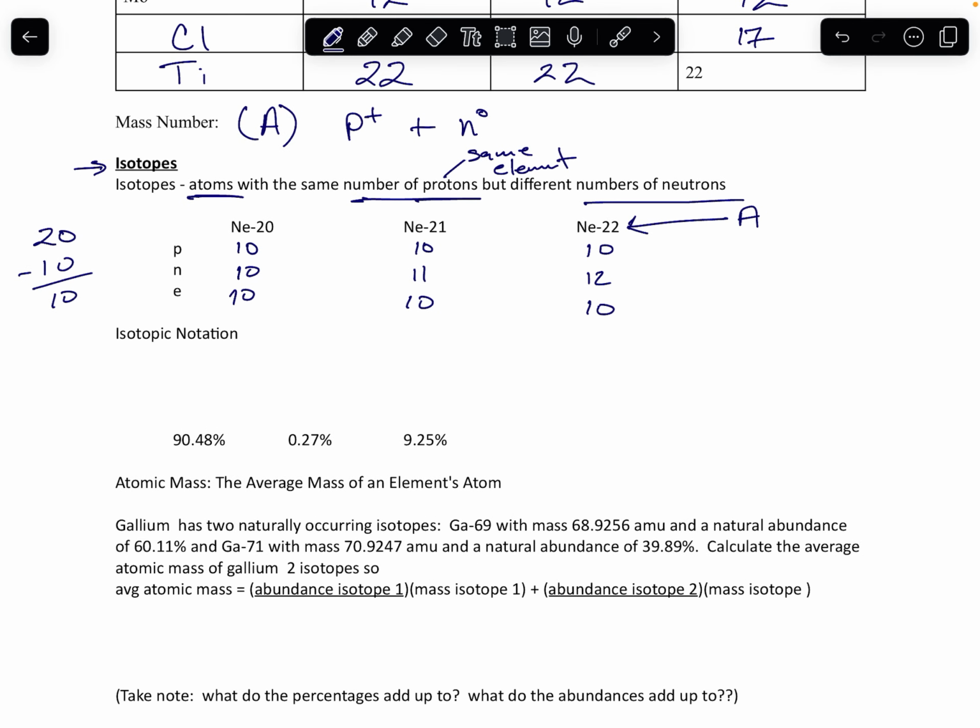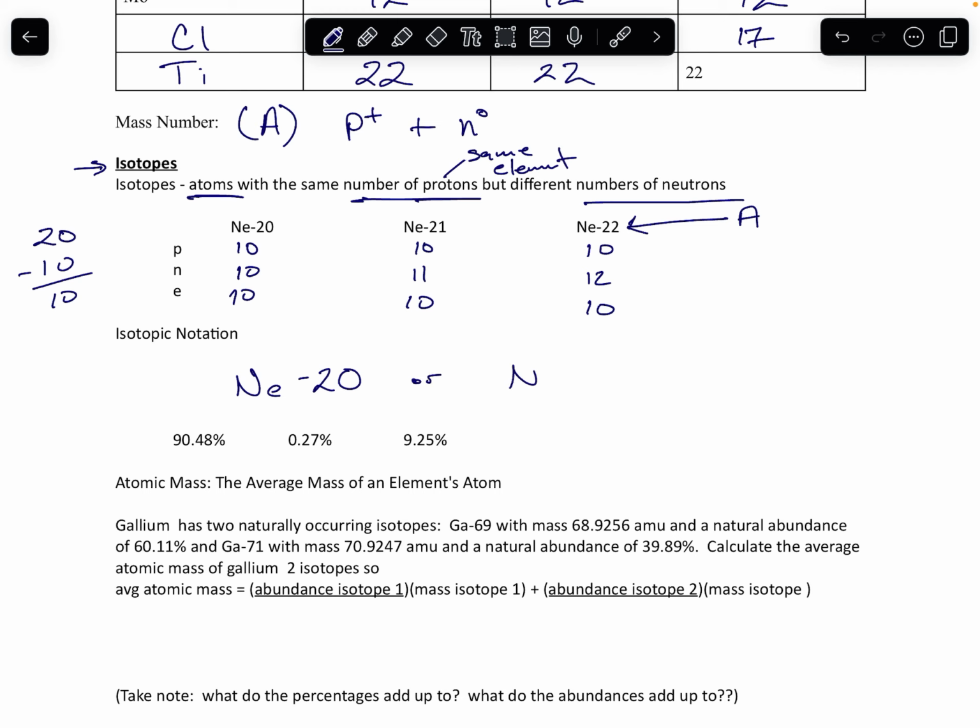So there are some ways that we can write out our atoms so we can see what different kinds of isotopes we have. We call them isotopic notation. We can do what we see up above here. We could do the symbol with a dash and then the atomic mass.